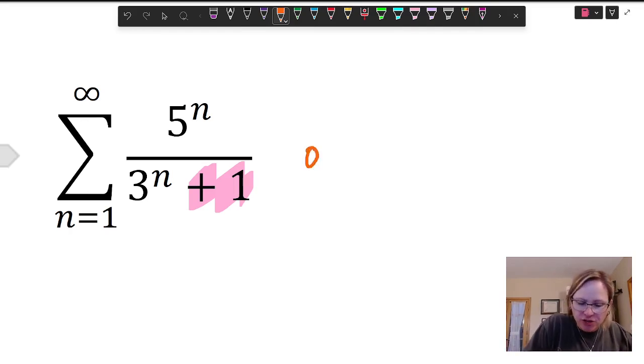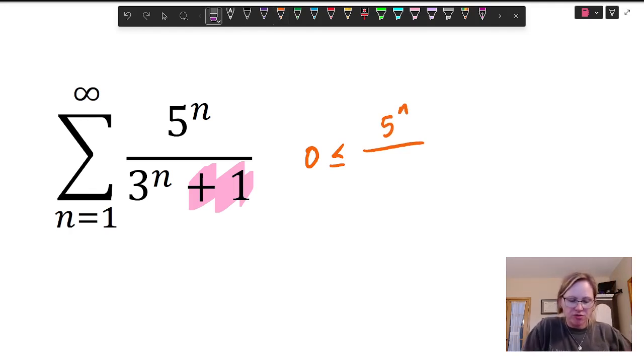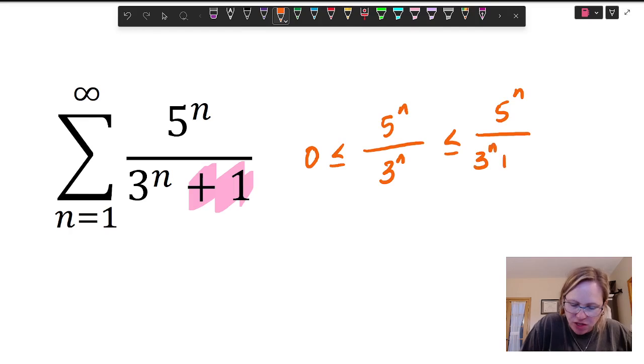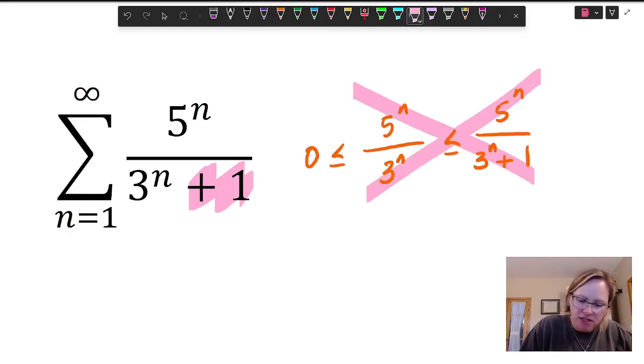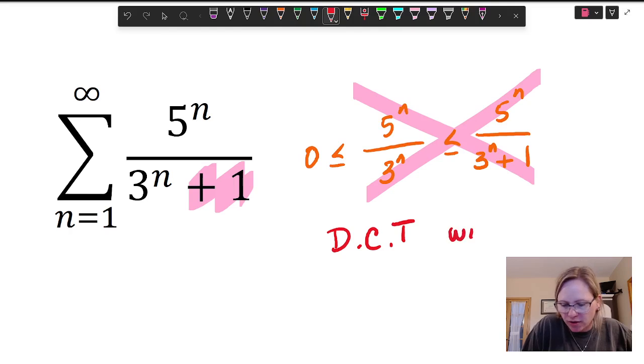And here, if I try to build my series, here's the problem. This is not a true statement. This will not be smaller than this because we are adding 1 in the bottom. So this is a false statement, and the direct comparison test will not work.